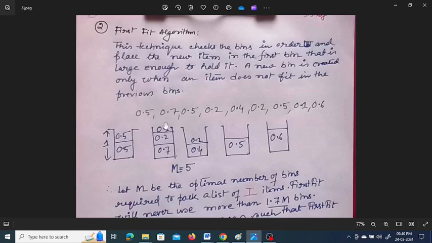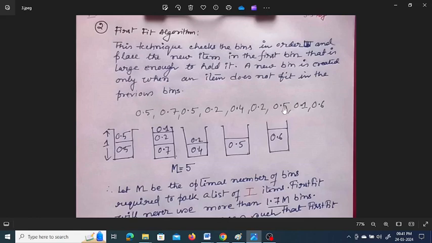So here, 0.5 goes in the first bin, 0.7 in the second bin, 0.5 again is accommodated in the first bin, then 0.2 is accommodated in the second bin, then 0.4 you have to accommodate in the third bin because bin 1 and bin 2 are already exhausted. Then 0.2 you can keep in the third bin again because it has the space.